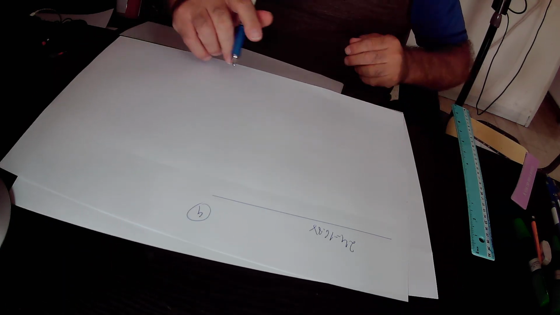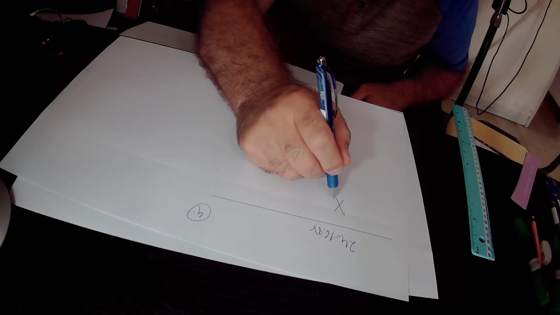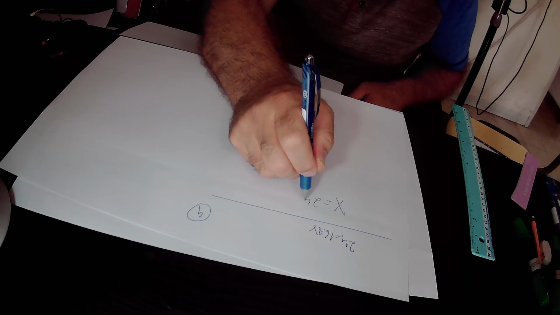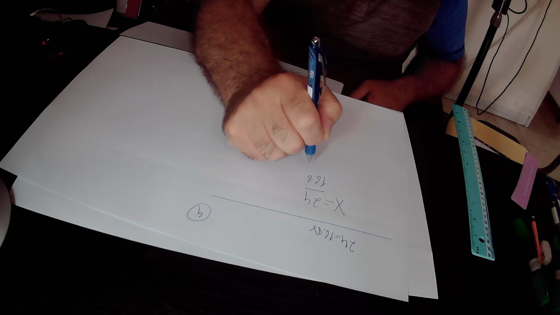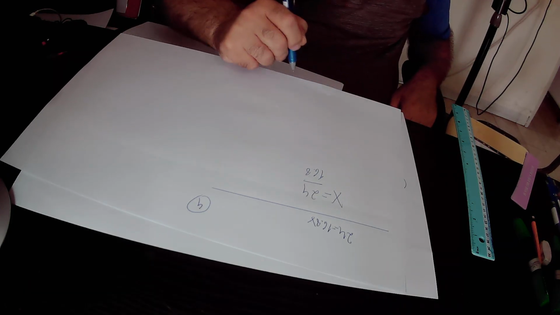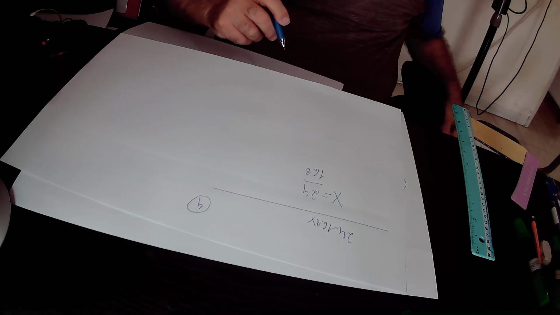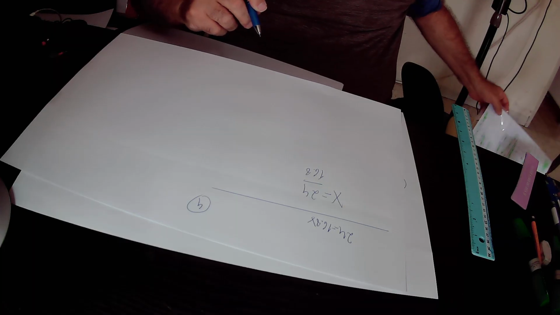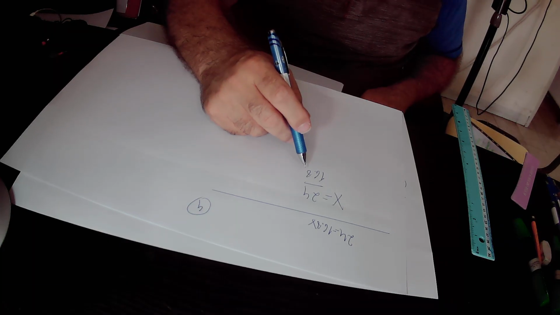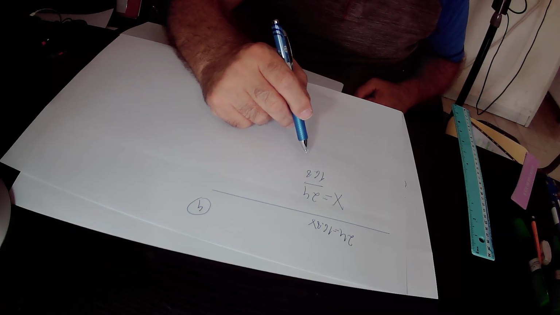Finally, we get that x, the radius of both circles, equals 24 over 16.8 units in length.